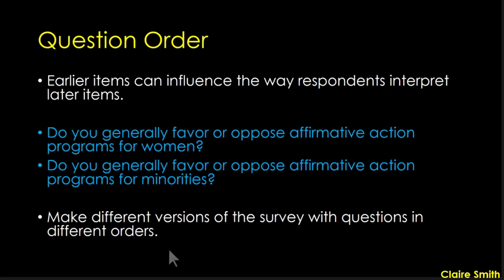So if we have many versions of the survey with questions in all different orders, obviously for each individual person there might be influence on the way they're responding, which is okay because not everyone is going to be influenced the same way. So it's canceling out that priming, or the influence of question order, if everyone sees the questions in a different order. Okay, hopefully this makes sense.